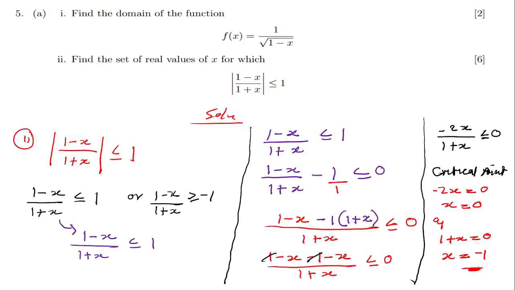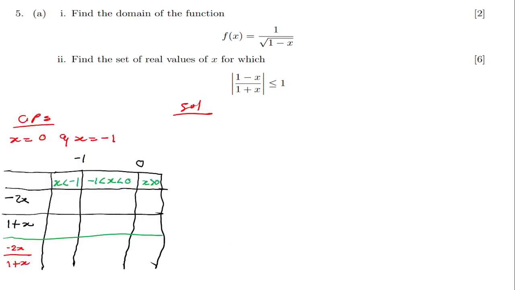Once I do that, I'll look for a number which is less than negative 1. If I look for a number less than -1, I'll get -2. This one will be positive. I'll get -2. This one will be negative.